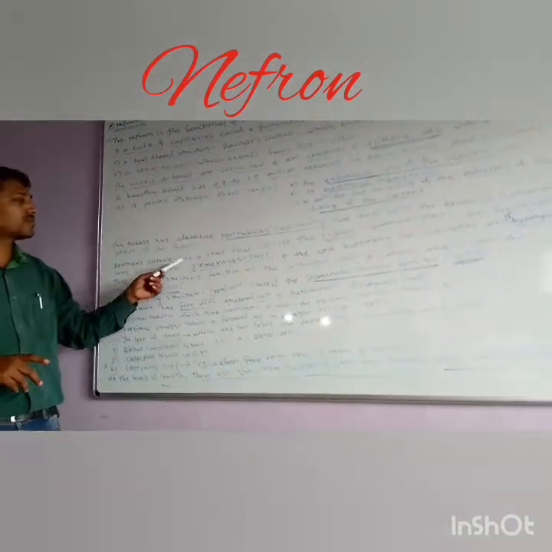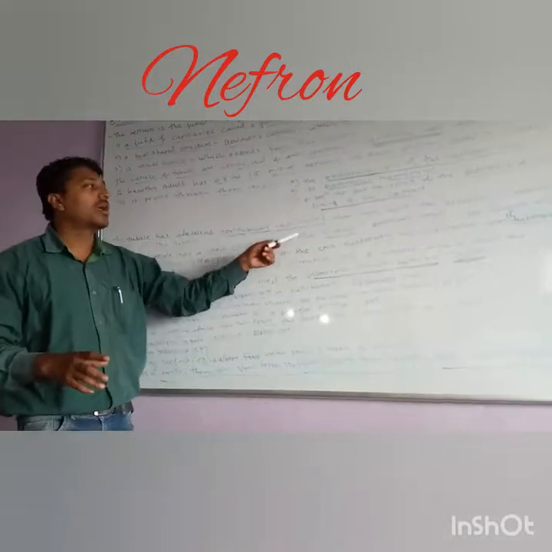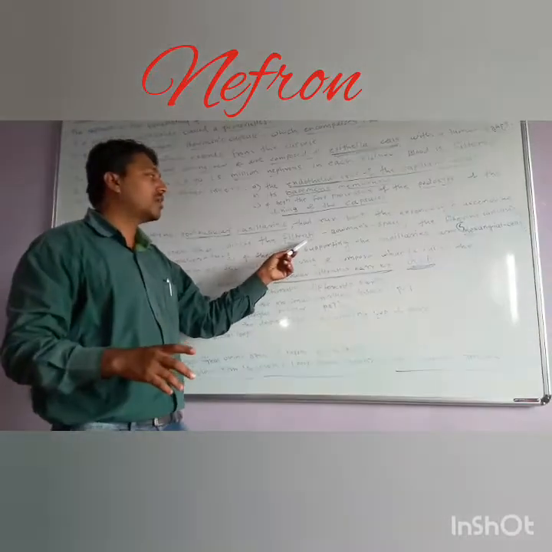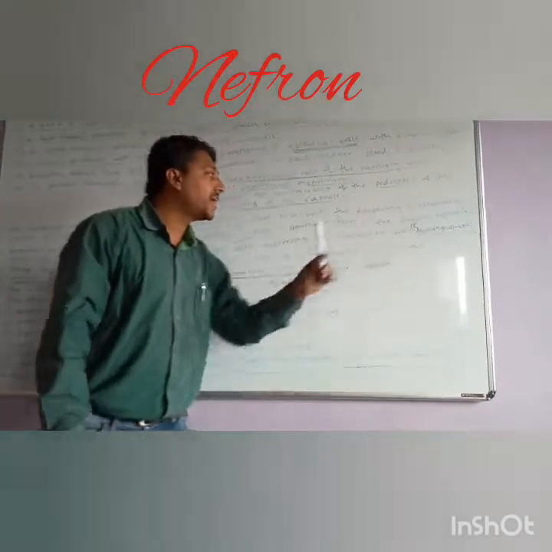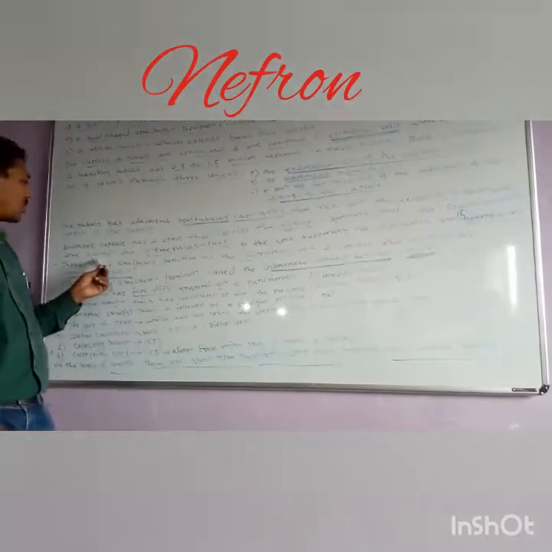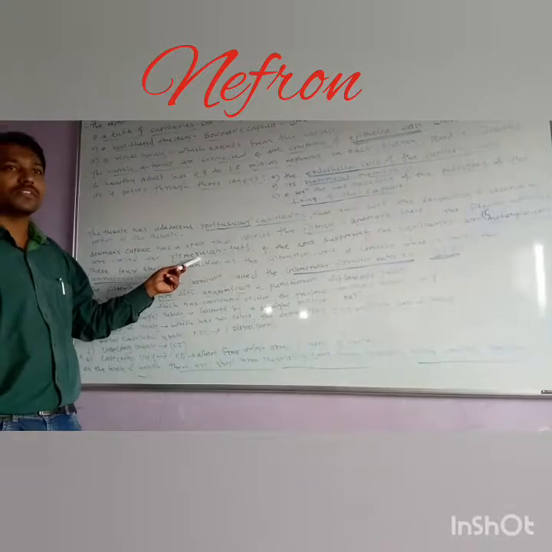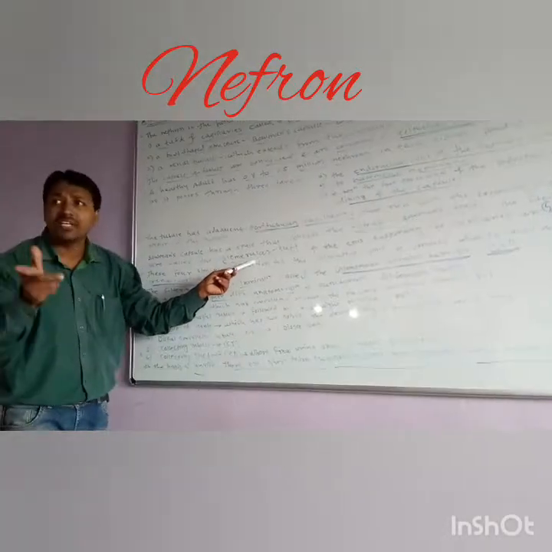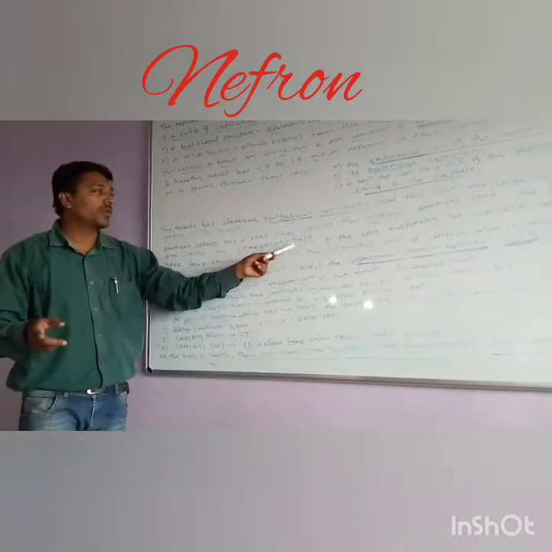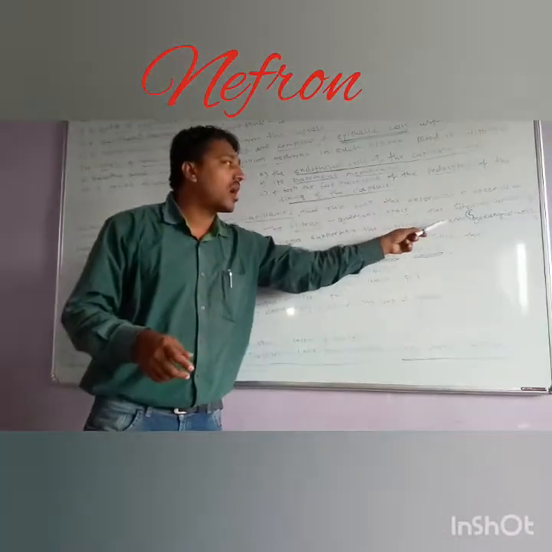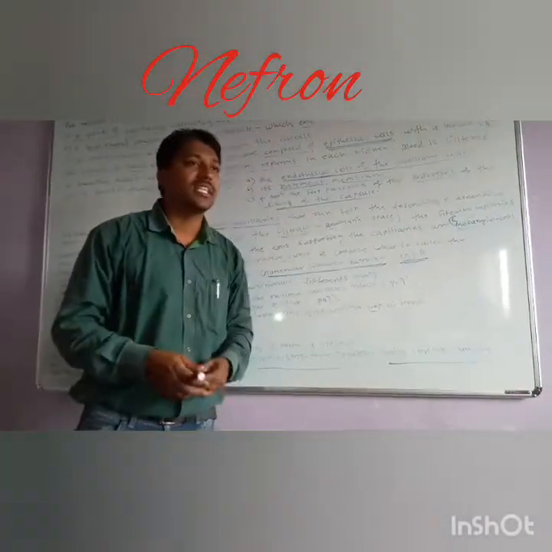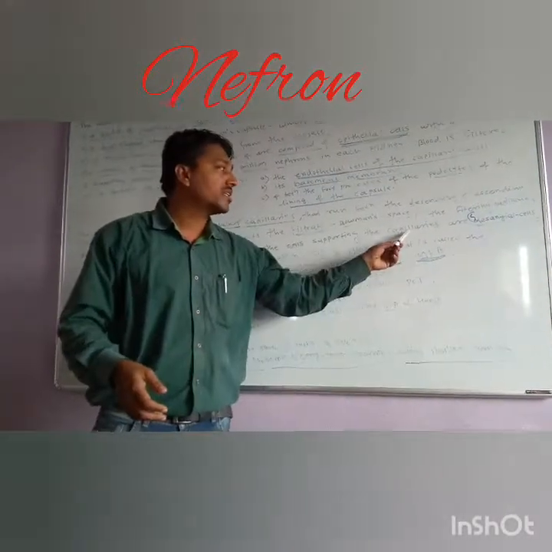Then the Bowman's capsule has a space that collects the nitrogenous waste, called the filtrate, and this is called the Bowman's space. The filtering capillaries are called the glomerular tuft, where the blood is actually filtered, and the cells supporting the capillaries are called mesangial cells. So they are also important cells.